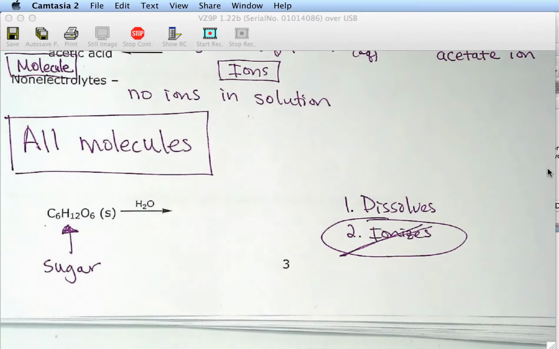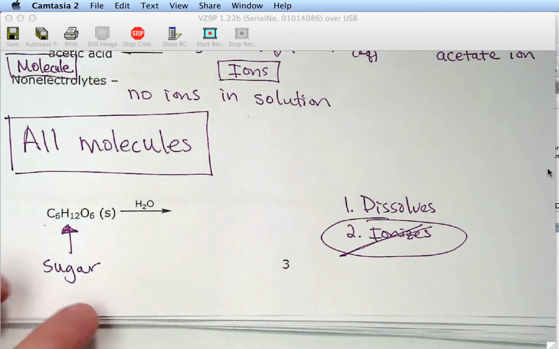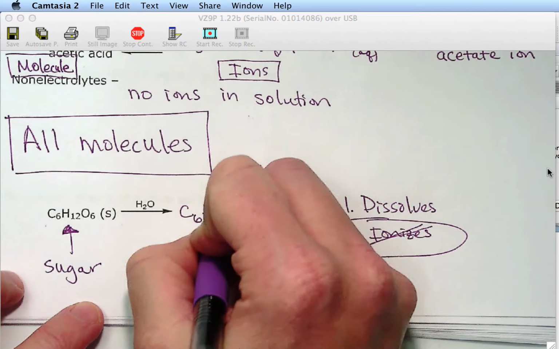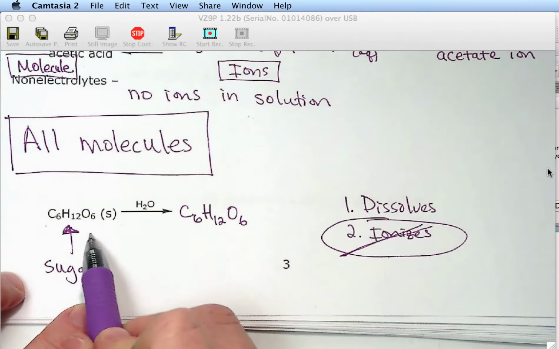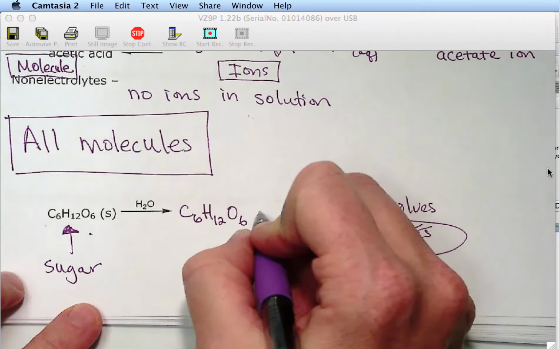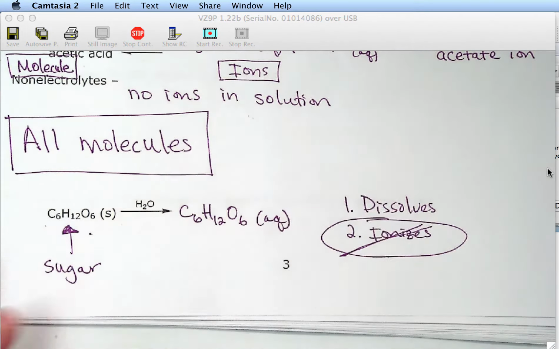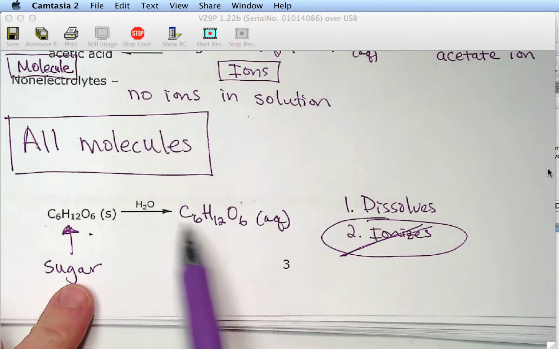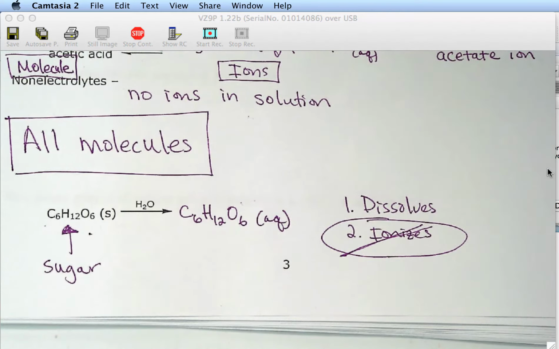Well, that's what a non-electrolyte does. So what you're going to see is C6H12O6 go from solid to aqueous. But notice the absence of the charge. You don't have a charge, plus or minus, on this sugar molecule. It just stays neutral.